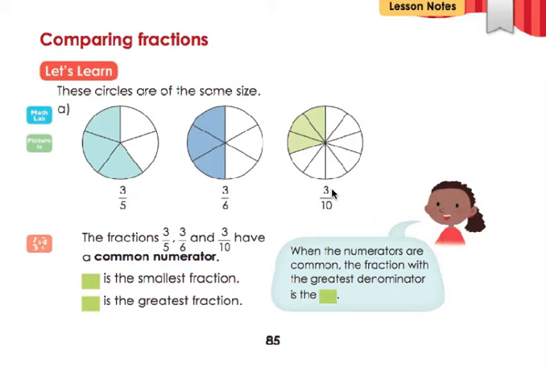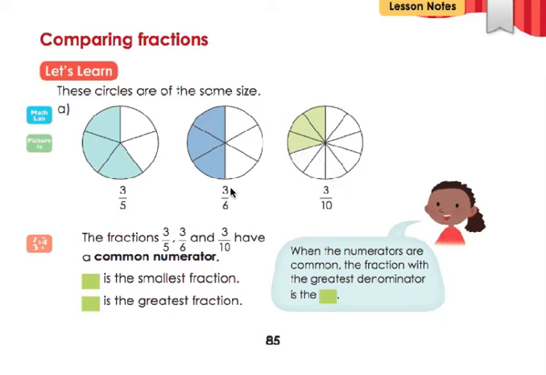you can see that the one that has the biggest denominator doesn't necessarily mean that it's the biggest fraction. No, because look at the parts. You cut it in 10 parts, but the parts end up being super little.